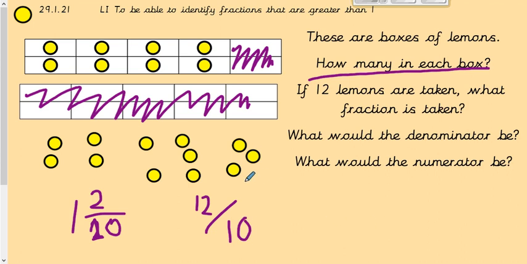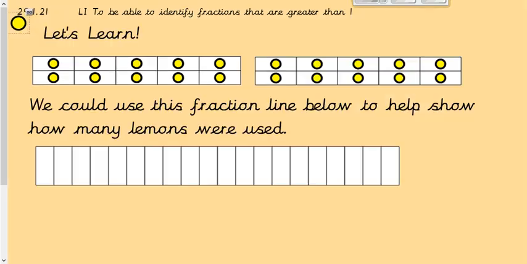Okay, so hopefully that made sense as I went through it and shaded which part we were looking at. We're going to have a look at another way of doing it now. So we could have used a fraction line to help show how many lemons were used. Because if we know that one box is 1, 2, 3, 4, 5, 6, 7, 8, 9, 10, so we know that that's one whole because that's one box.